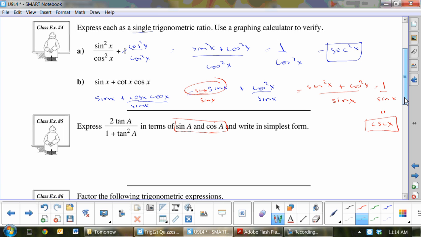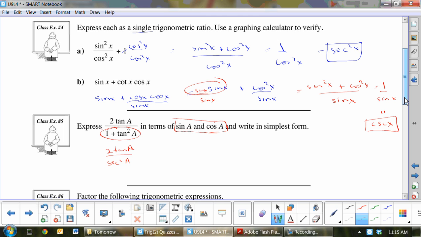What does 1 plus tan squared a equal? Secant squared a. So this is the same thing as 2 tan a over secant squared a. So the author of the book didn't see that and did 2 more gigantic steps because of it. Or maybe he did, and he's like, well, let's get a few more proofs in here. But you want to look for those kind of things when you can.